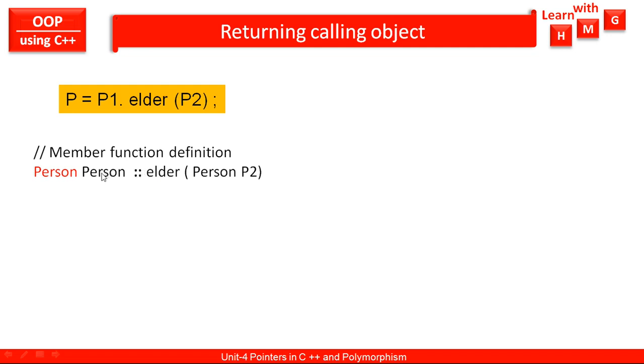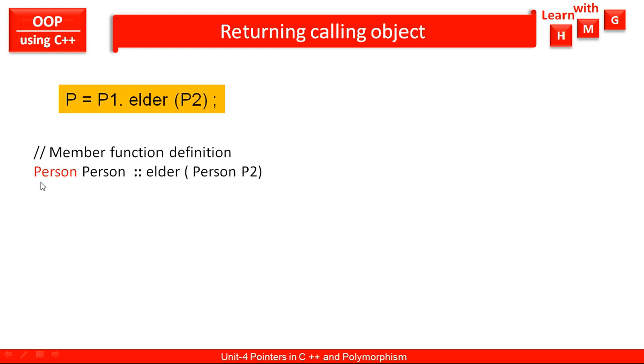And this red color person is the return type, because this elder function is going to return an object, and whenever any member function is returning an object, its return type is always the class name. So here elder function is going to return an object of the type person, and that's why the return type is specified as person, indicated in red color.